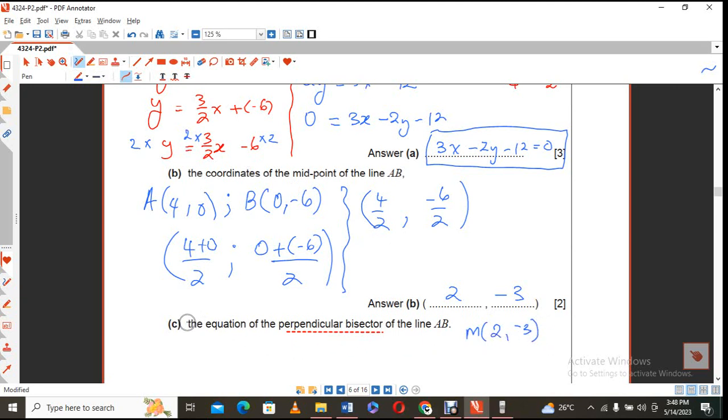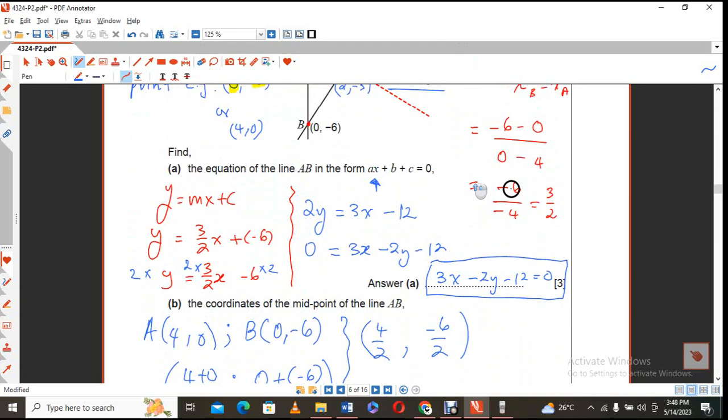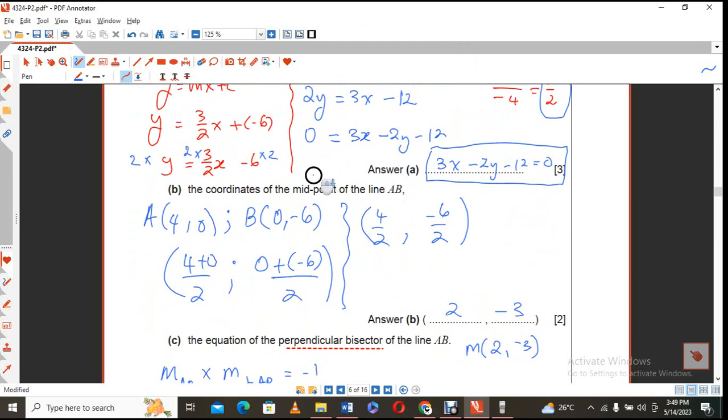One thing that you should know about perpendicular lines is that the gradient of our line AB times the gradient of the perpendicular bisector of AB should give you -1. We know the gradient of our line from before: it was 3 over 2, or 1.5.